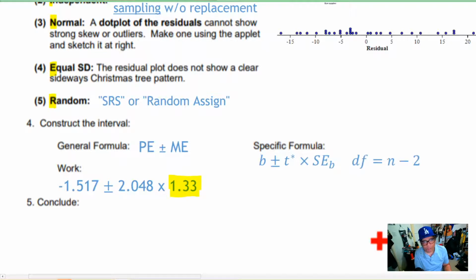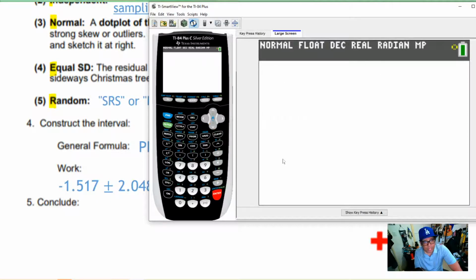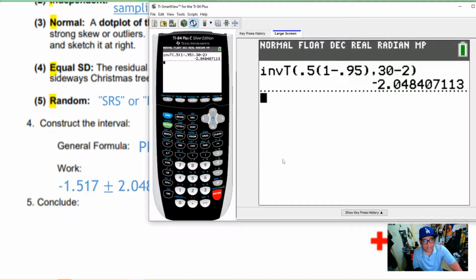Let's go over that 2.048 one more time. Over on the TI-84, the area that we're looking for is 1/2 of 1 minus the confidence level. And degrees of freedom, we said there were 30 coordinates minus 2. If we paste that and run that, surprise, surprise, we get negative 2.048.